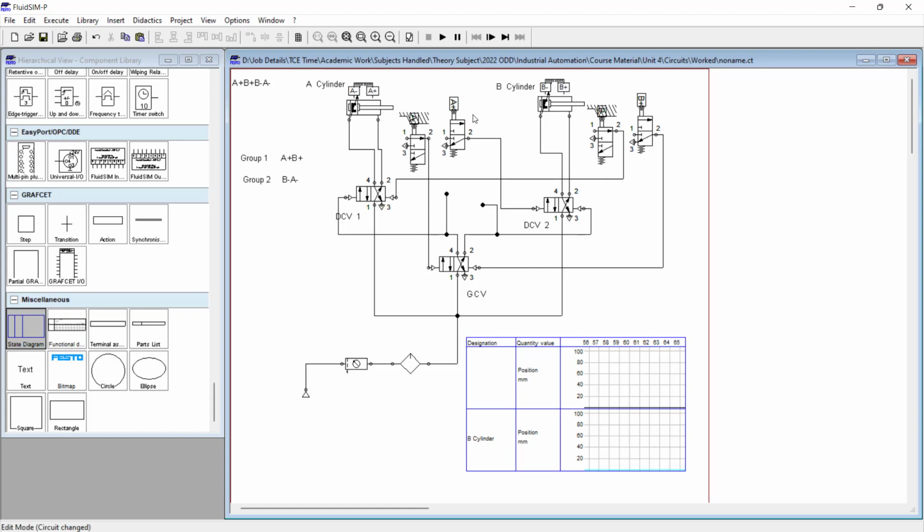So B minus and then A minus receive power from power line 1, which comes out from the 4 port.